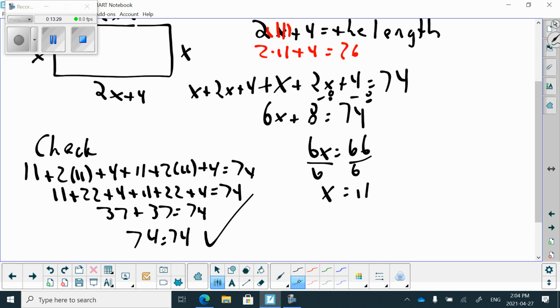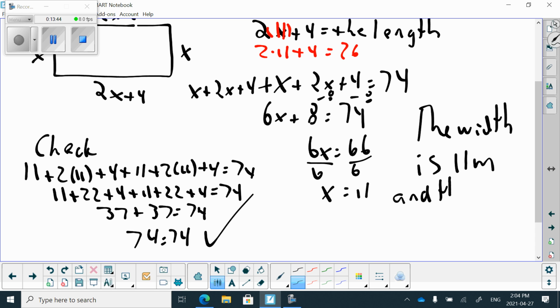The width is 11 meters, and the length is 26. Can't spell length, apparently. 26. Yes.